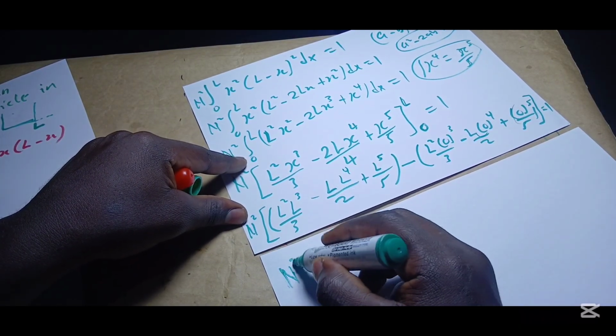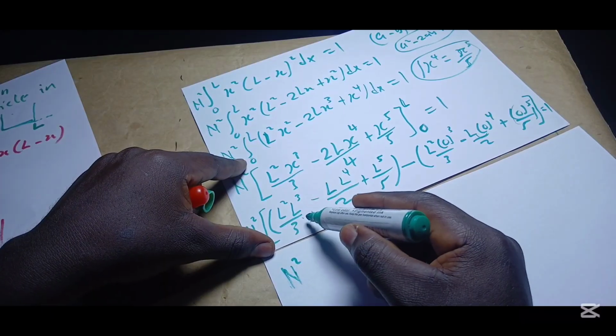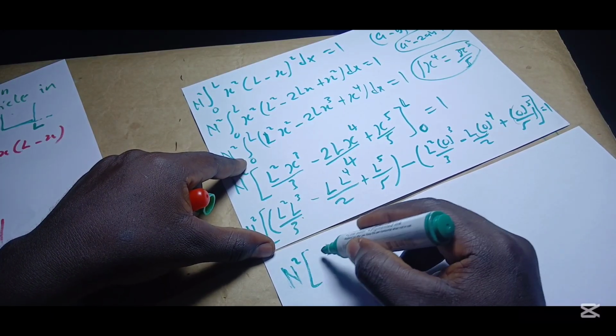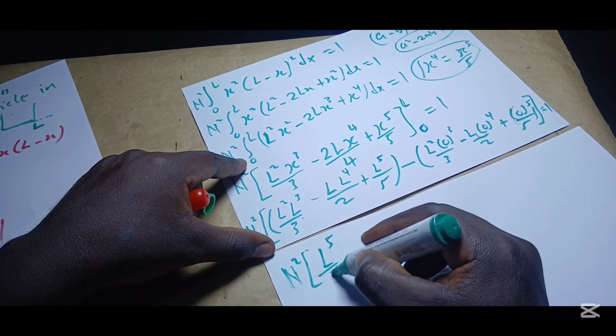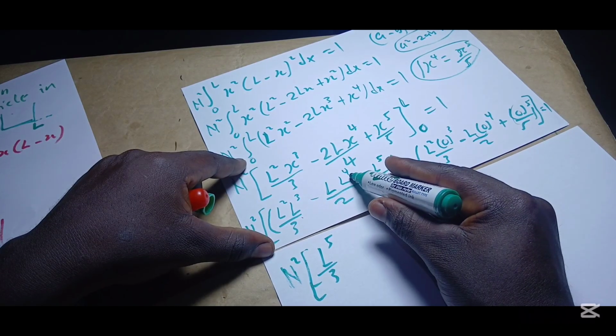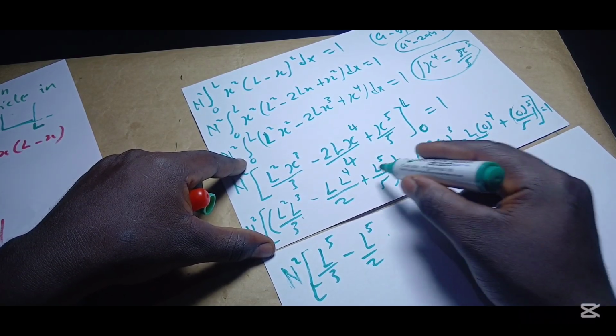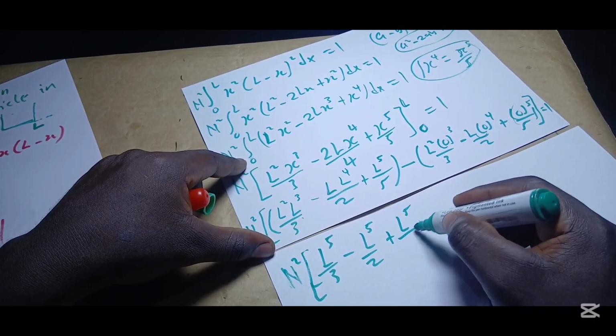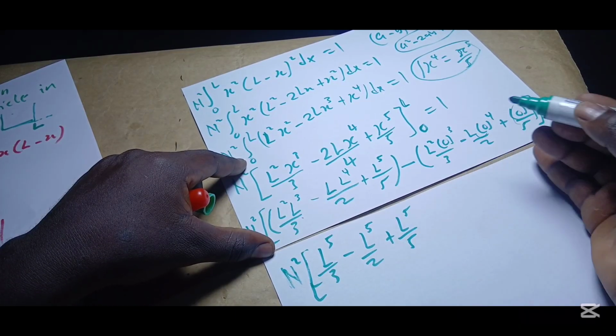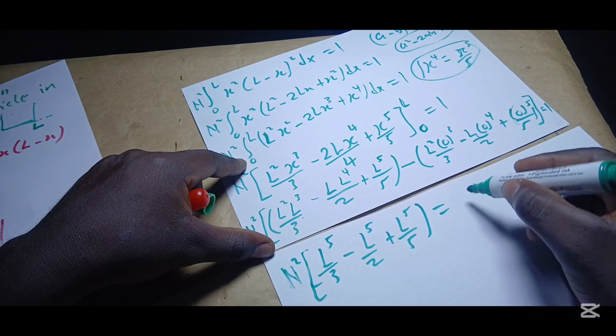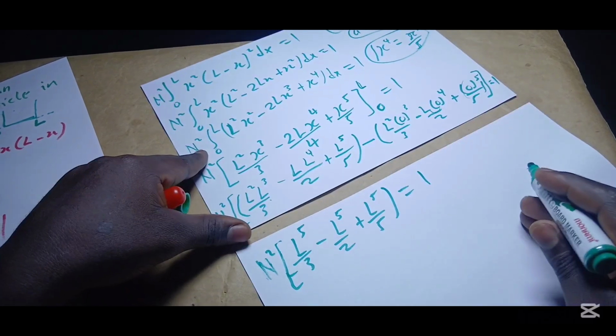So n to the power 2, L to the power 2 multiplied by L to the power 3 gives us L to the power 5, right? L to the power 5 over 3. L multiplied by L to the power 4 gives us negative L to the power 5 over 2, plus L to the power 5 over 5. Since this whole term is 0, you can just equate it to 1.